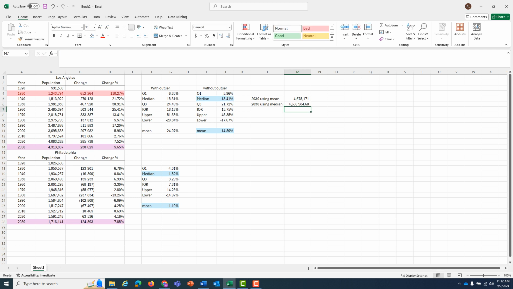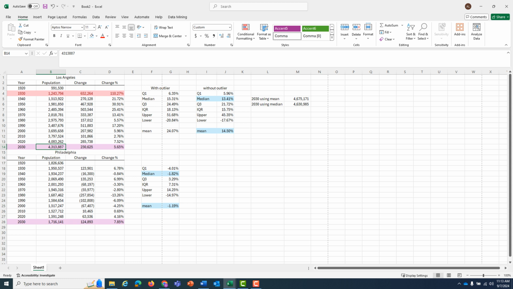And that comes out to 4,630,000-ish. So looking at those two numbers that we have right there, how do they compare to what the video projected? Well, the video is only projecting that Los Angeles' population would have been 4,313,887. Those numbers are both considerably higher. That's a little off right there.